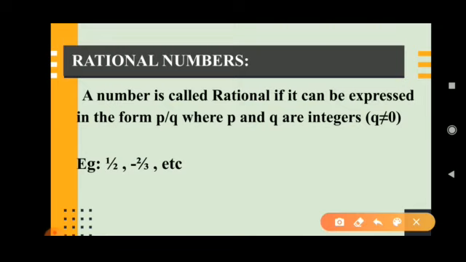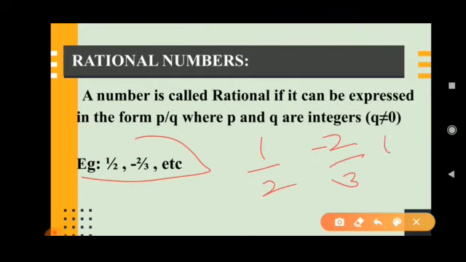Again I am repeating, a number is called rational if it can be expressed in the form of p by q, where p and q are integers and q is not equal to 0. For example, 1 by 2, minus 2 by 3, or sometimes you can take 0 by 3. So here this is p, this is q.